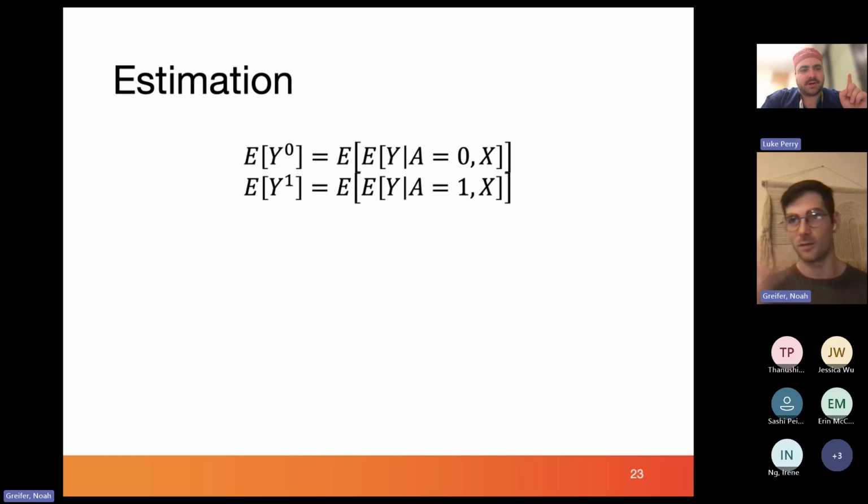Very quickly, do we have to go to the literature, or can we use our clinical knowledge to pick a series of measurable confounders? That's a great question. Absolutely use your clinical knowledge.